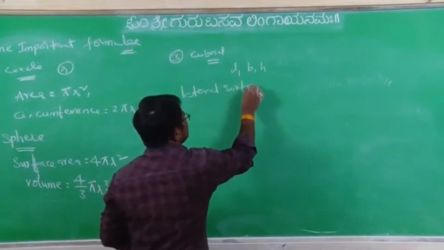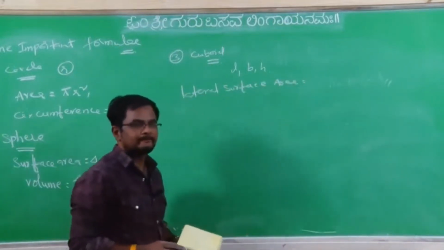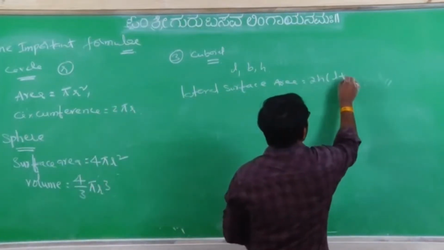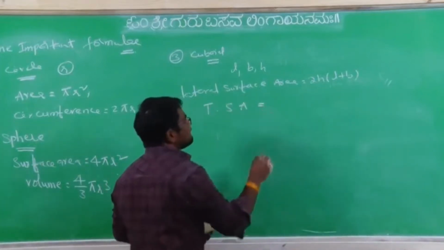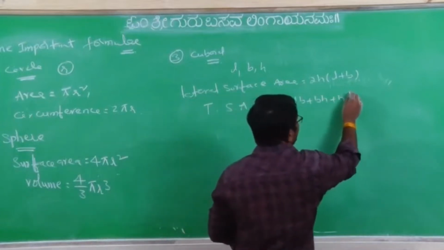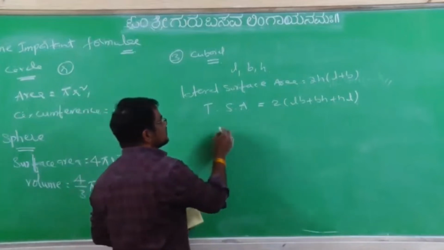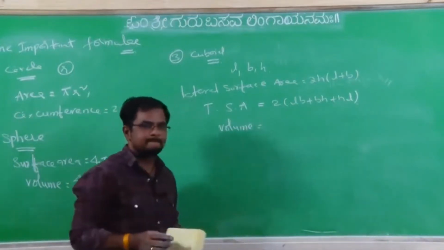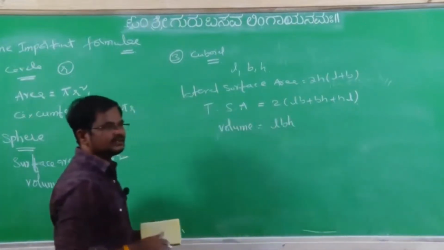Lateral surface area is 2h into l plus b. Total surface area is 2 into lb plus bh plus hl. Next, volume, lbh, right?